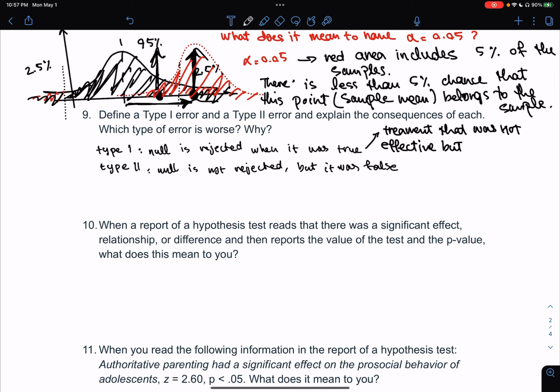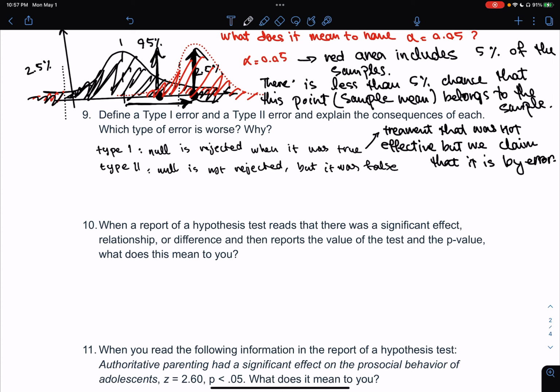but we mistakenly claim that it is effective by error. So imagine there is a medicine that we conclude based on our test should be effective, but it's not really effective.